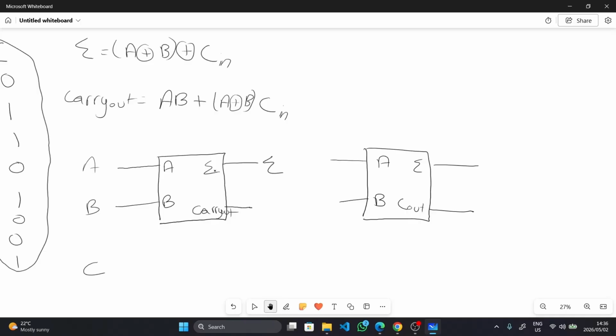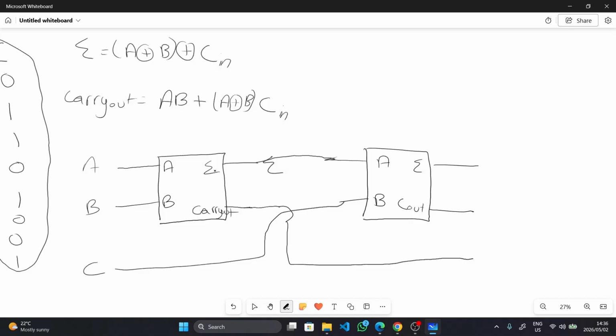And then we have our input C. Then our sum from the first one goes to input A. Then our C goes to input B. Then we have our two carry outs, as you can see. These two carry outs, right?